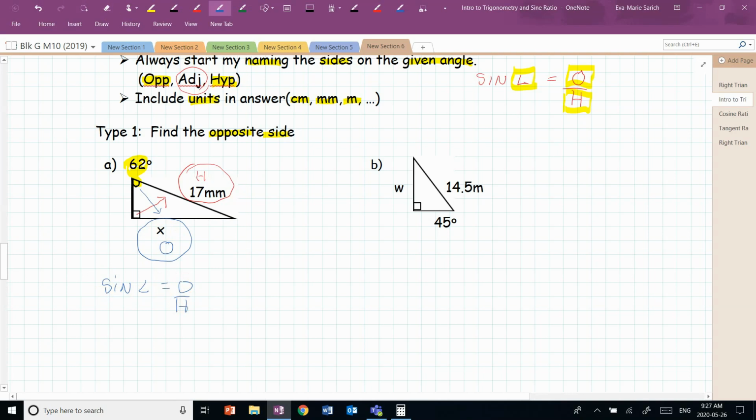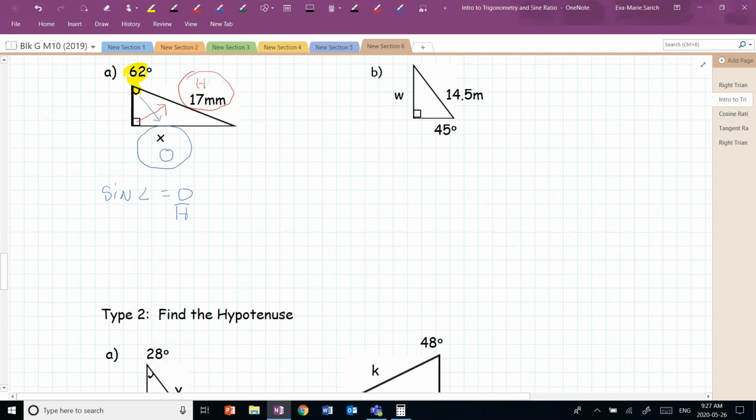All we're going to do is fill in the three pieces of information that we have. 62 is the angle, so we have sine of 62 degrees. We replace the opposite with x at the top, and the hypotenuse is 17, so we put 17 at the bottom.